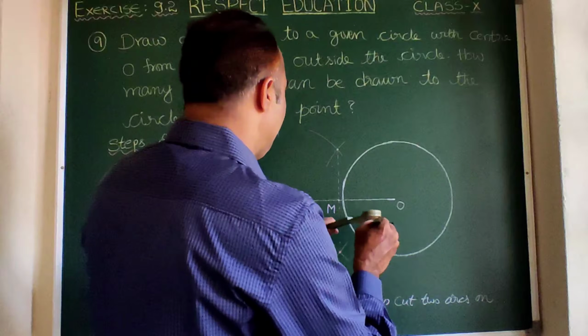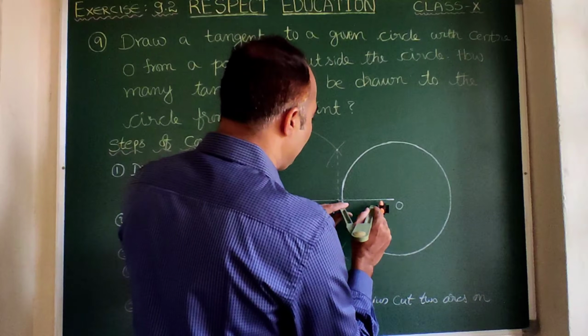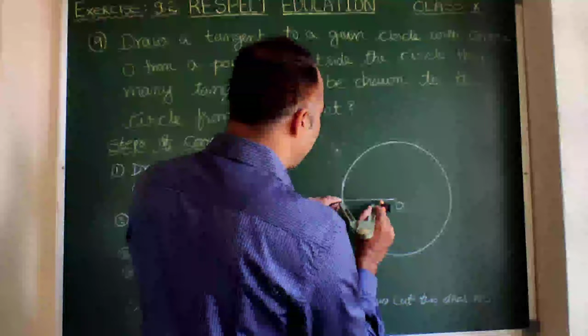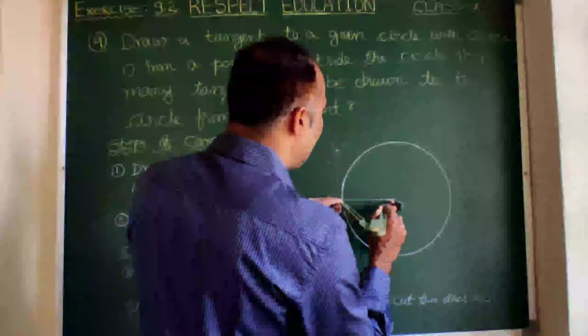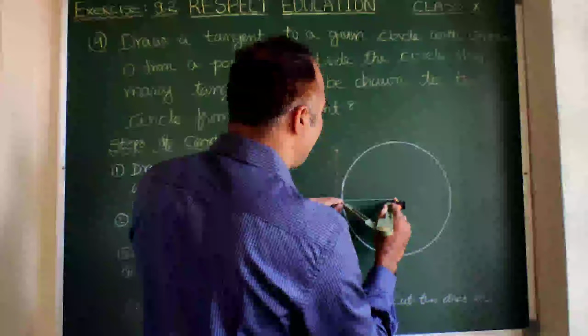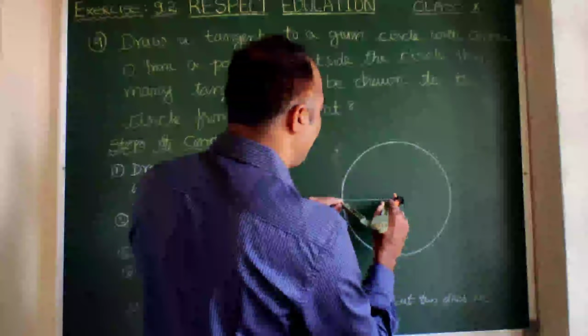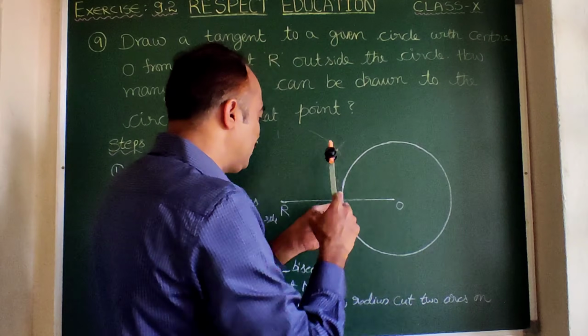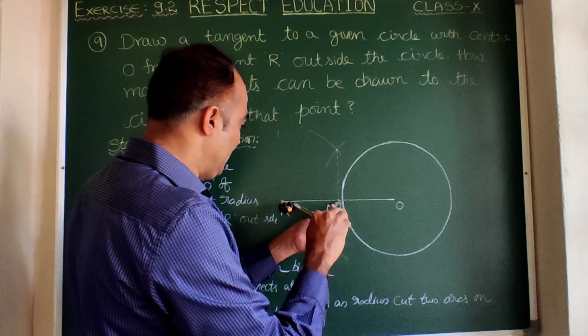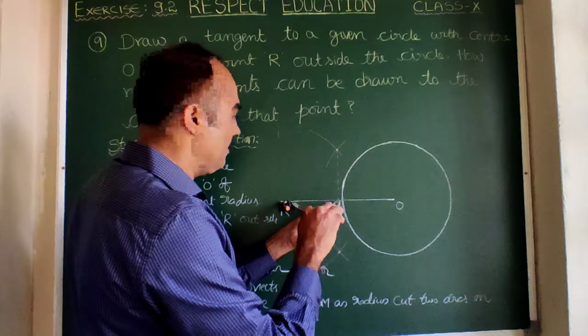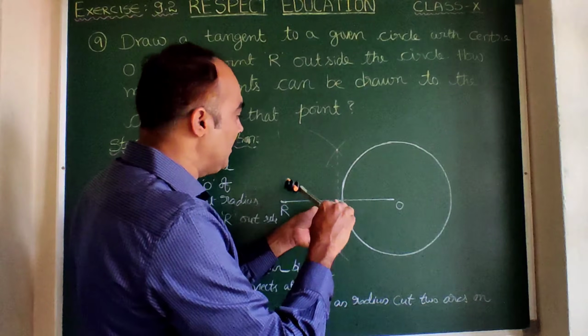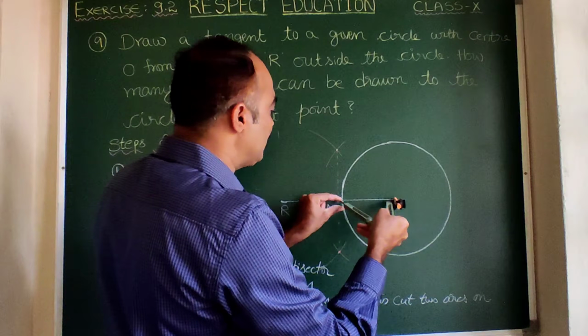So I am taking M as center. Either OM or MR, both are equal here, because M is the midpoint. MR and OM are equal.